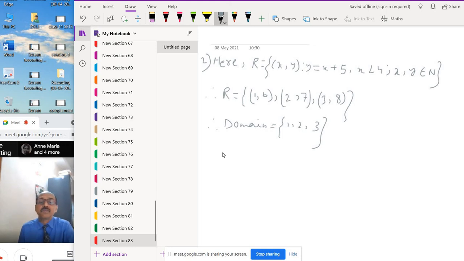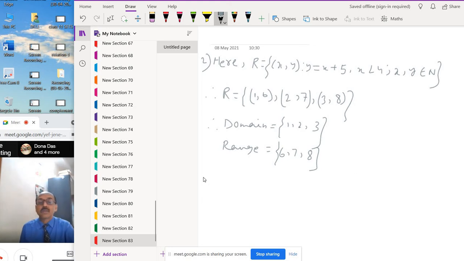And range equal to all the second elements, that is 6, 7, 8. This is the range. Domain is 1, 2, 3 and range is 6, 7, 8. Is it okay? Clear?